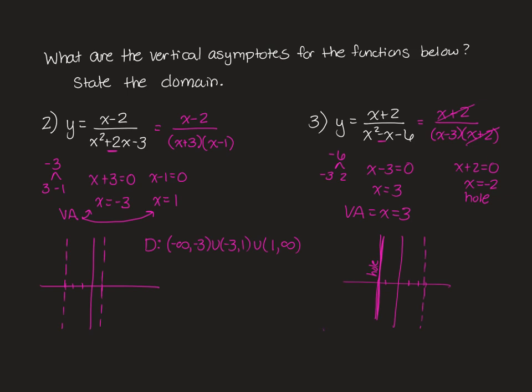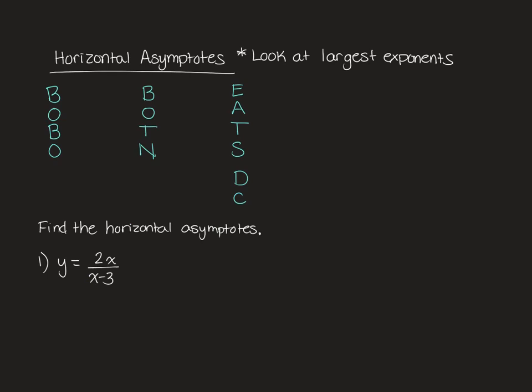So again, your domain is broken up at these points of discontinuity. Moving from left to right, my domain would be negative infinity to negative 2, negative 2 to 3, and then 3 to infinity. And that's how you find those vertical asymptotes. It's the factors in the denominator that don't cancel.